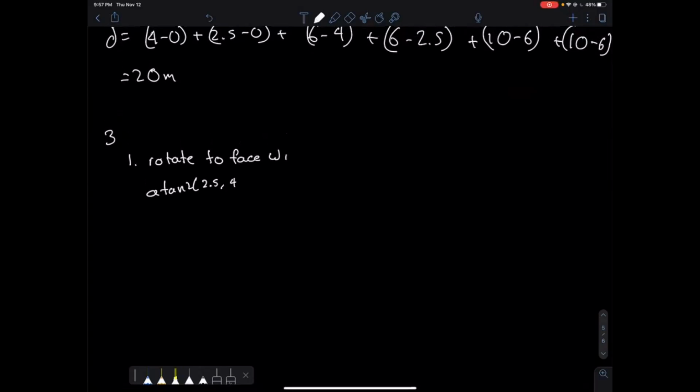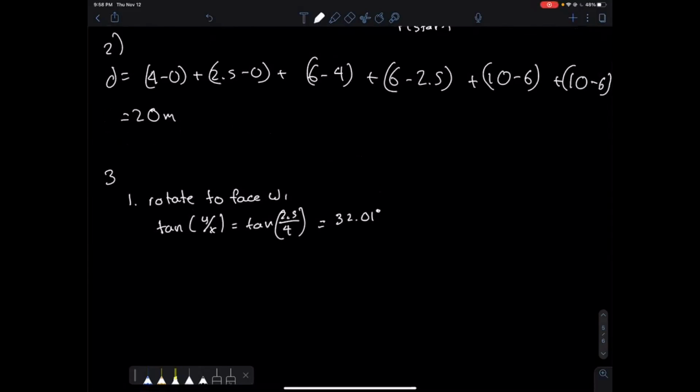Oh wait, it might be the other way around. I don't remember how atan2 takes inputs. We'll just use normal tangent. Please use atan2 in your code. All right, tangent of y over x, which is going to be equal to tangent of 2.5 over 4. So that's your y distance over your x distance, which is approximately 32 degrees.